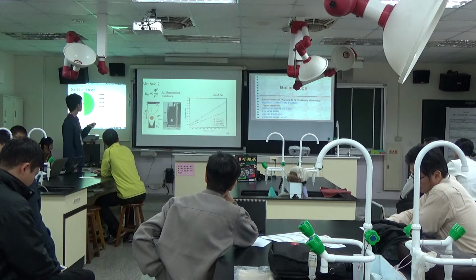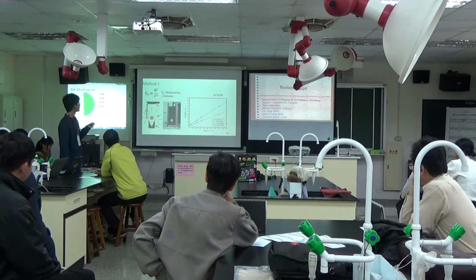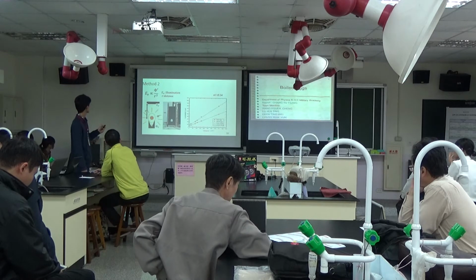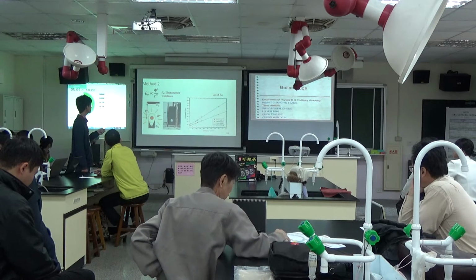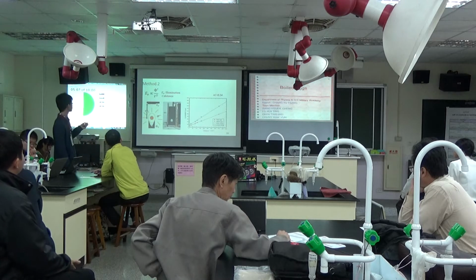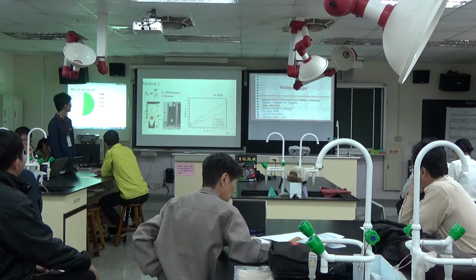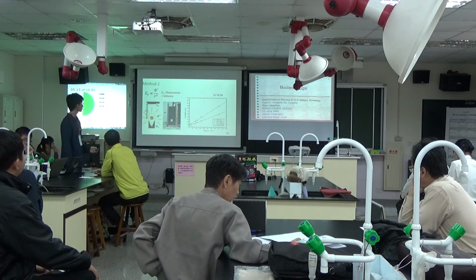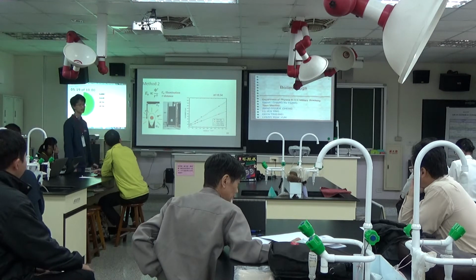By using a light meter, we can measure the illumination of the egg. Because illumination is proportional to the luminous flux over the distance to the power of 2, we can change the distance between the light meter and the egg.